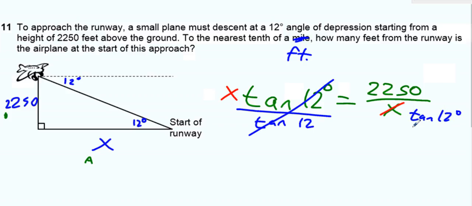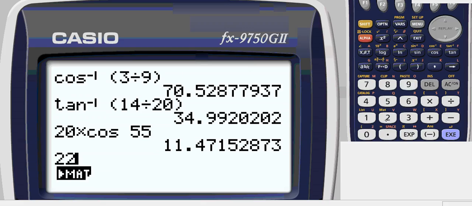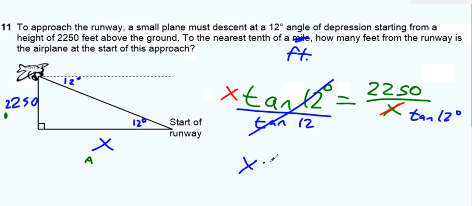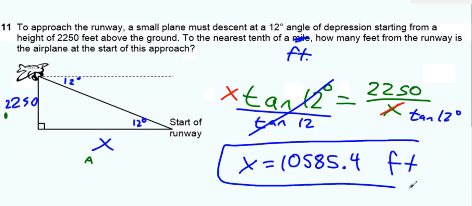So 2,250 divided by tangent 12 is 10,585.4 feet. That's just over 2 miles if you converted it. But you don't need to.